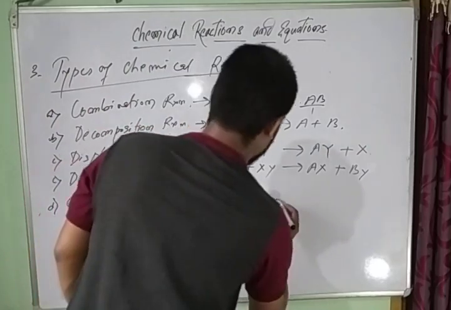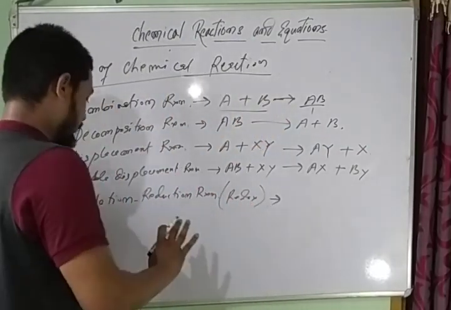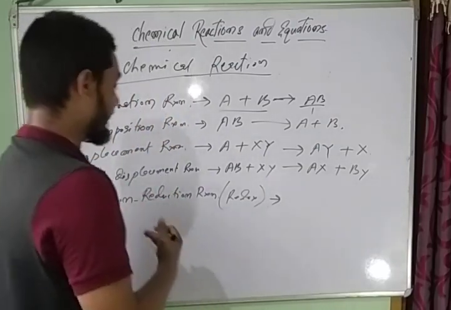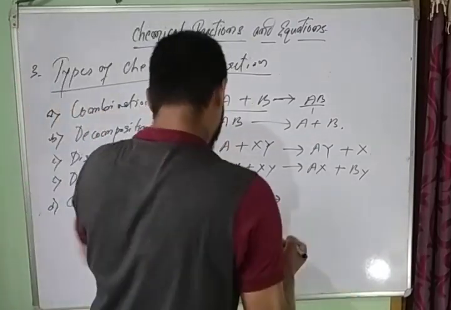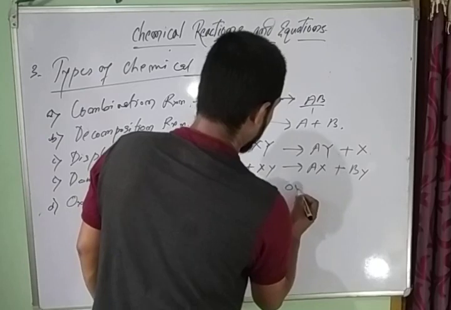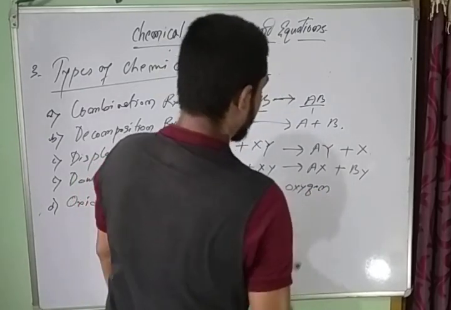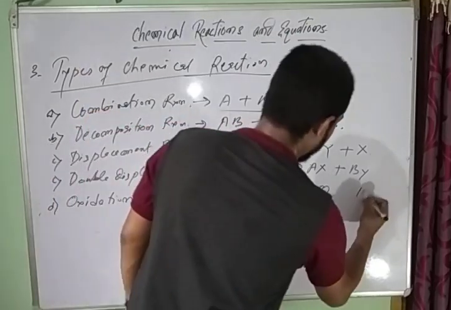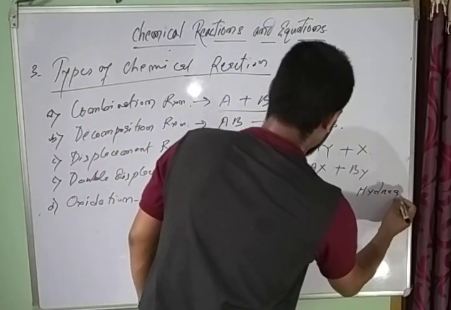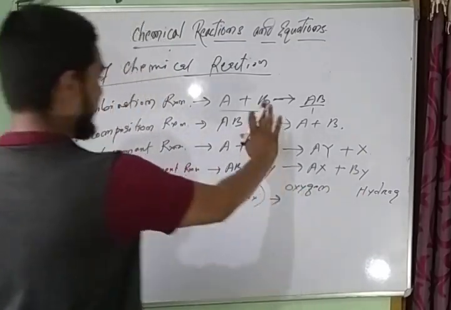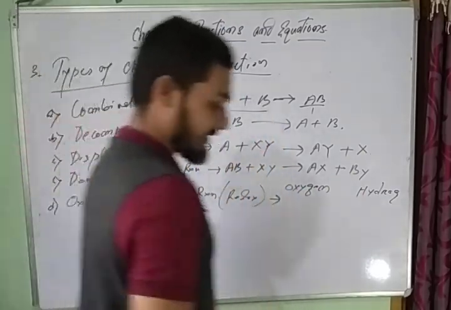Oxidation reduction reaction is different. Here we can explain oxidation and reduction in terms of oxygen in one case, and in terms of hydrogen in another case. So in case of oxygen, okay, we will explain it later. First explain these 4 chemical reactions.